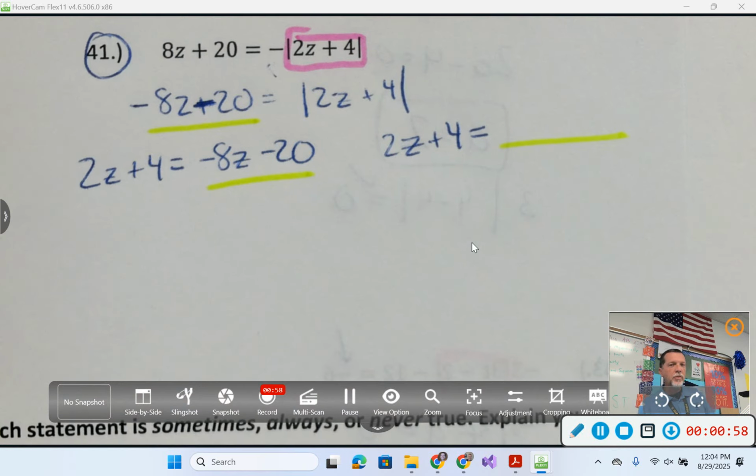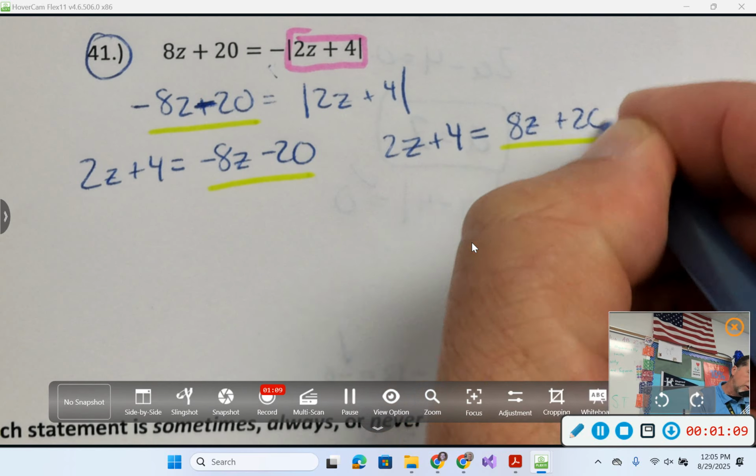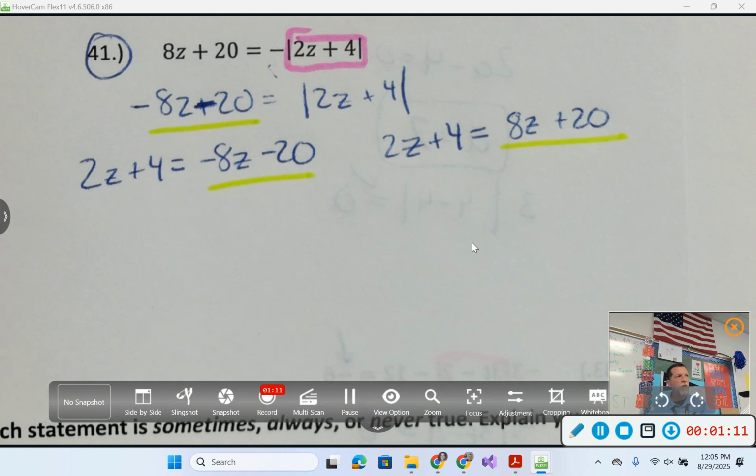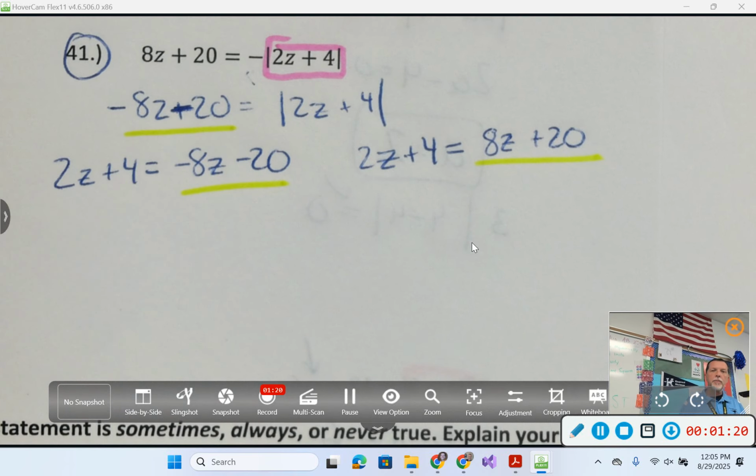I don't want to mess with the inside, the 2z plus 4. I want to mess with the other side, so I'll change those signs to 8z plus 20. Leave the absolute value stuff alone, because whatever's in the absolute value bar is either equal to the positive or negative of the answer.